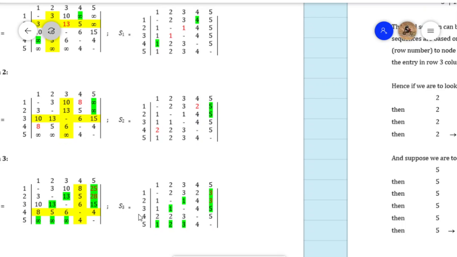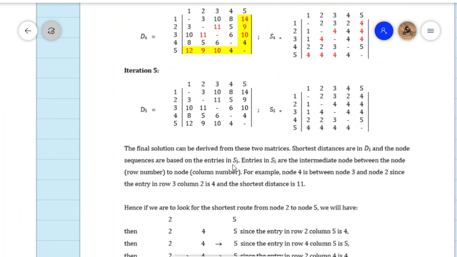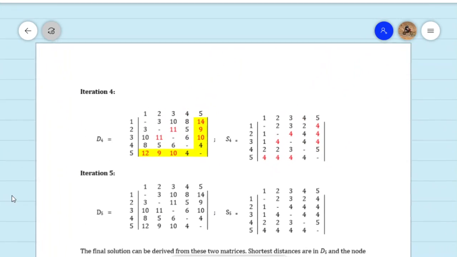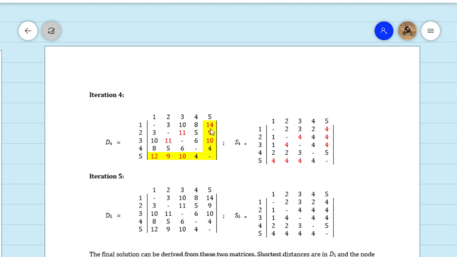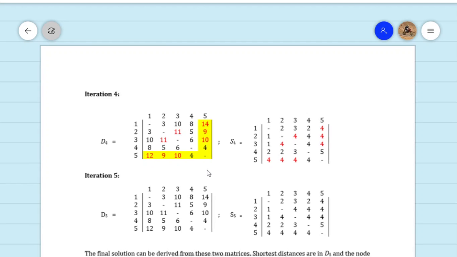These entries will become 4 in the next iteration. So in S sub 4 and D sub 4, these are the new entries. Here, the red entries. Okay, so the entries marked green are now replaced by the sum of the entries in the pivotal row, pivotal column.